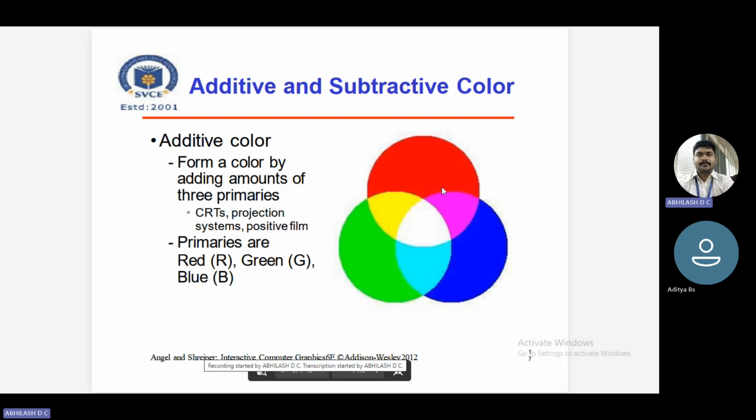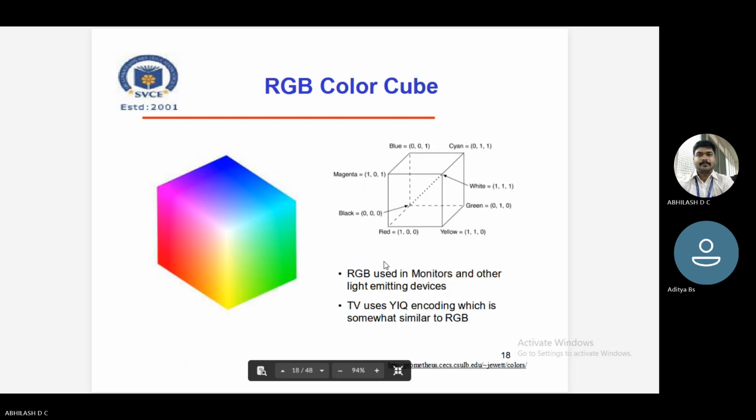Because if we mix some of the colors, we can get multiple variations of different colors, which is another subject actually. So additive colors: if we add green and red, we get yellow. If we add green and blue, we get cyan. If we add blue and red, we get magenta. And if we add all the colors, we get white. If we don't add any of the colors, we get black. Simple. So this is the concept of additive and subtractive colors.